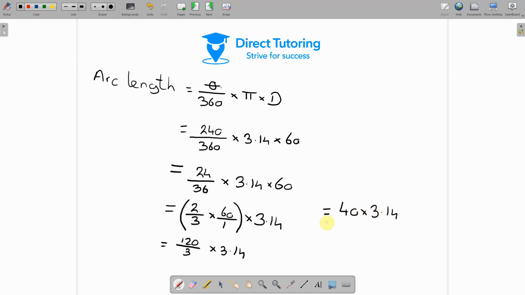Now, to make life easy, if we multiply this by 10, because 40 comprises of 4 times 10, it's really going to be a case of 4 times 31.4. So if we do 4 times 31.4, we end up with 125.6 centimeters.